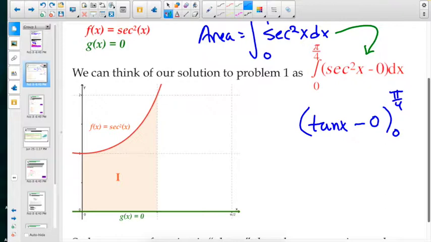Okay, how many know for sure what the tangent of pi over 4 is? These are some really common ones. These are like must-knows. Okay, we got a few for sure's. How many think they might have a gut feeling? A few more?